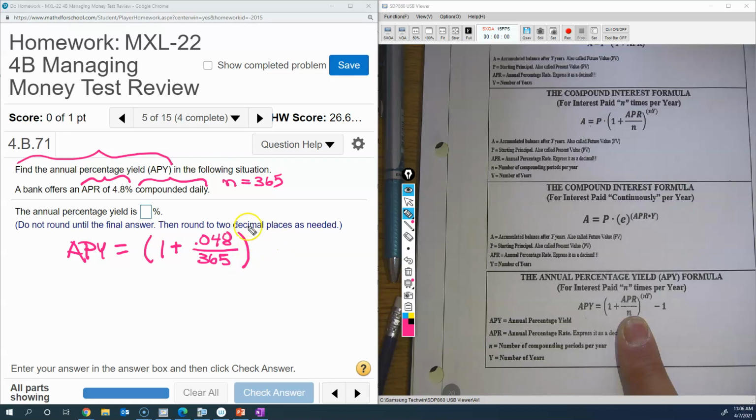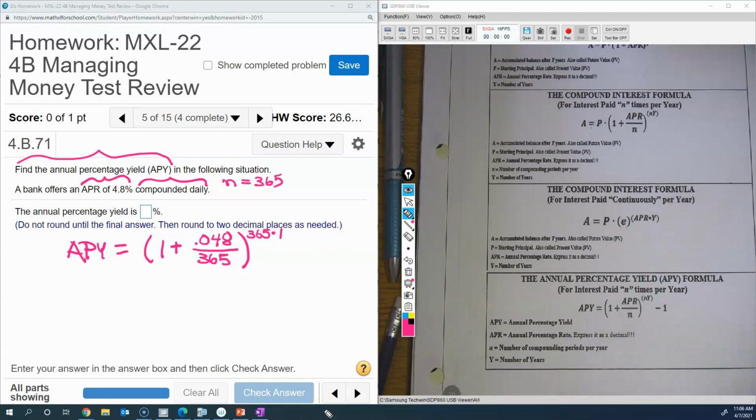And then the exponent is 365 times 1 year. It's always 1 year. And then when I'm done, I'm going to subtract 1 from that answer. So that's what it looks like.